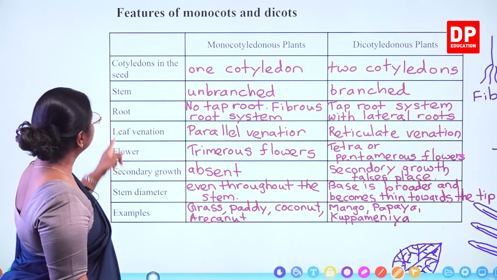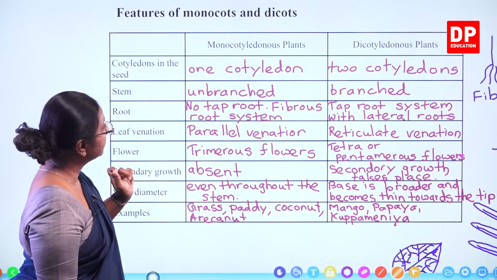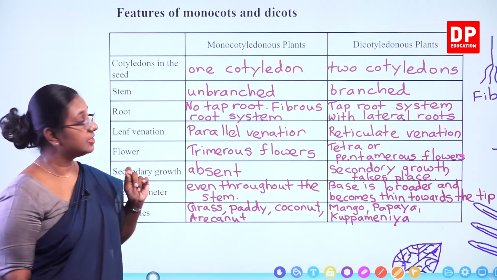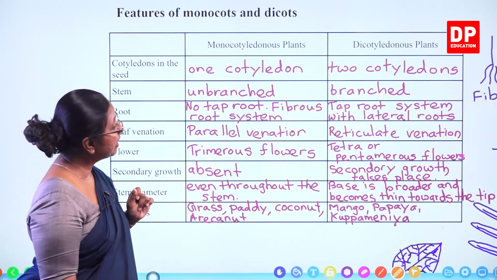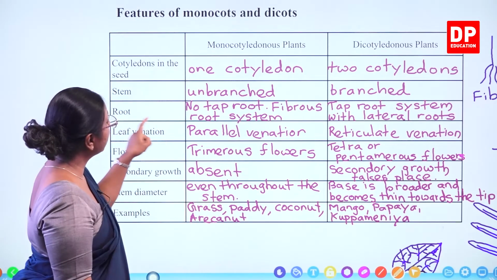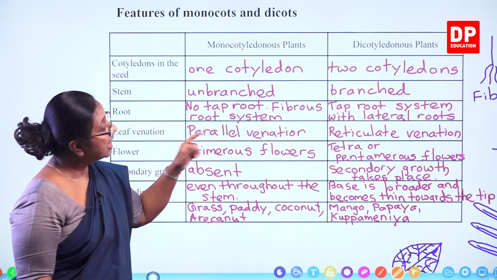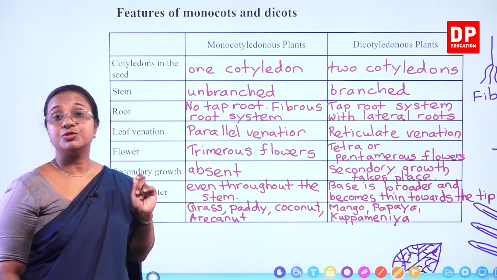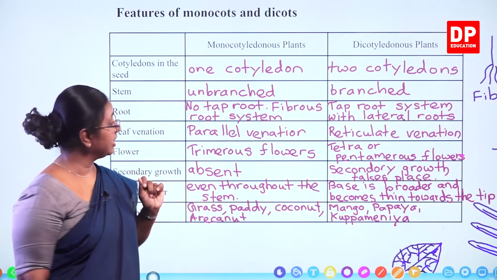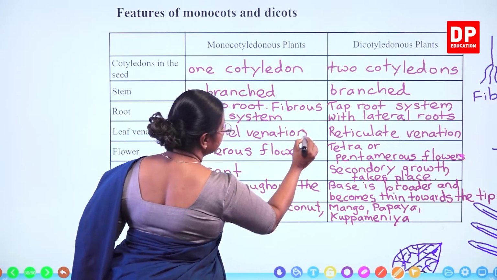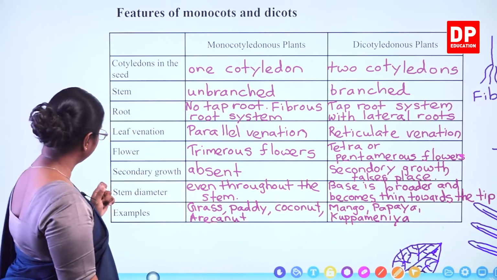I will go through the features again. Cotyledons in the seed, there is one cotyledon in monocots and two cotyledons in dicots. Stem is unbranched for monocots, it's branched for dicots. Then root, there is no taproot, but there is fibrous root system in monocots. Taproot system with lateral roots are found in dicots. Leaf venation, there is parallel venation in monocot plants and reticulate venation in dicot plants.